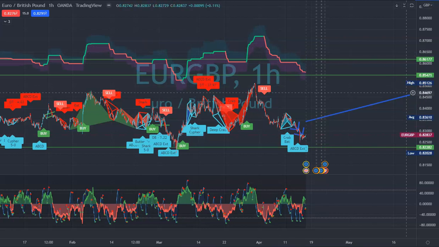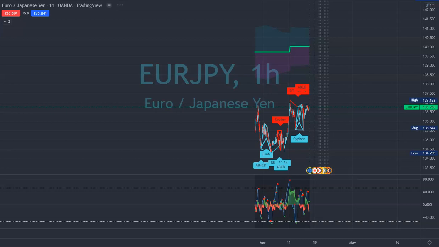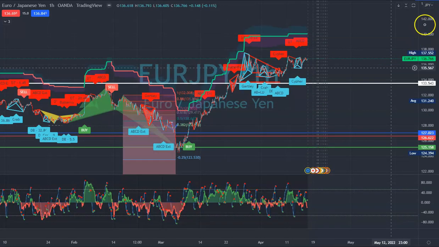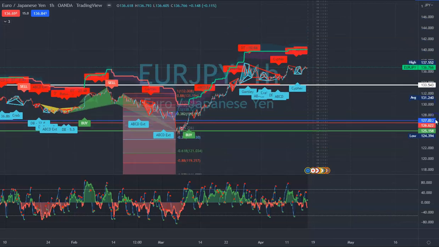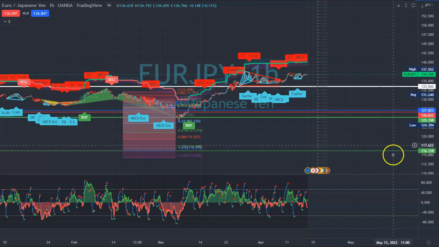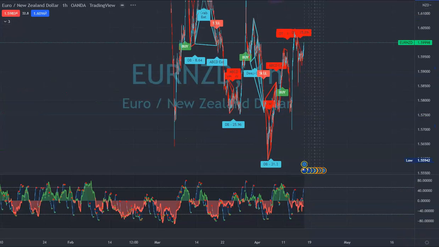So the Euro GBP, Euro JPY, same situation for this one in the yen pairs. I did not find the top of this one, the actual number. Maybe here, maybe 140. I'm gonna keep on moving from the yen pairs. They're all the same at this point.